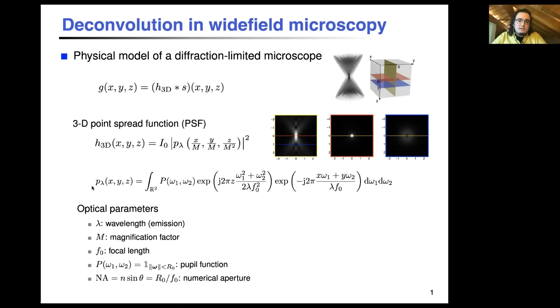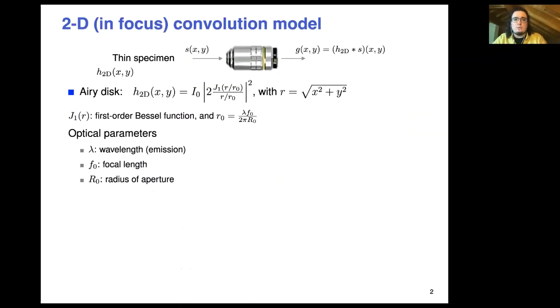The PSF is derived from this pupil function, and there's also this factor that makes the PSF spread as Z moves away from the focal plane. Without getting into more detail, when you have a thin specimen, a sample that is very thin in the Z domain, this leads to a 2D convolution model, which is much easier.